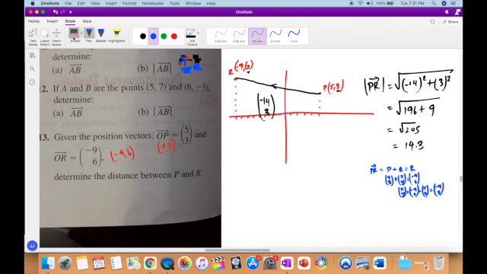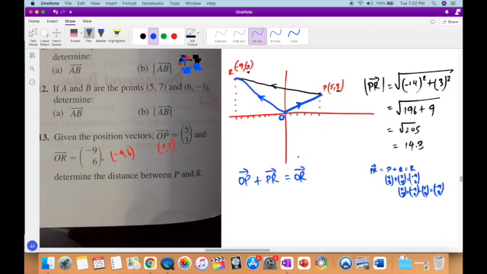Well, we could say that in the triangle law, this is O, so OP plus PR gives us OR.